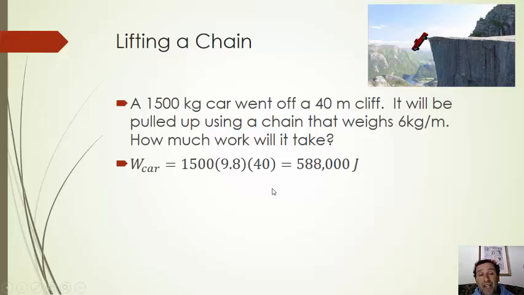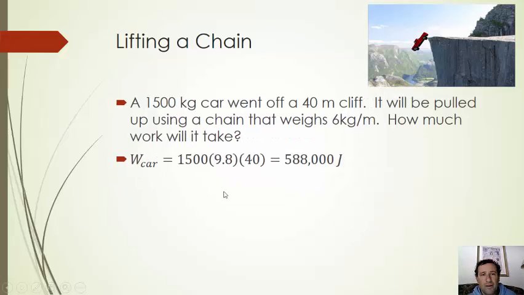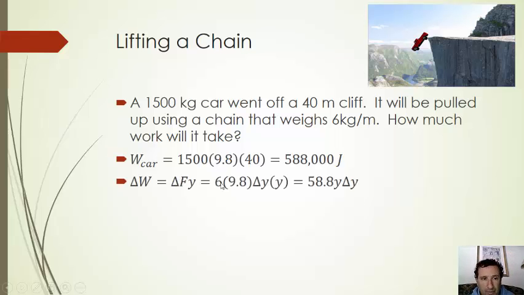Very simple. Work is equal to the force times the distance traveled. So it's just the force, which is 1,500 times 9.8. Distance traveled was 40, and there we have it. Now that we've found the work to lift just the car up, let's find out the additional work it will take to lift that chain that's pulling up the car, because we have to lift that chain up too.